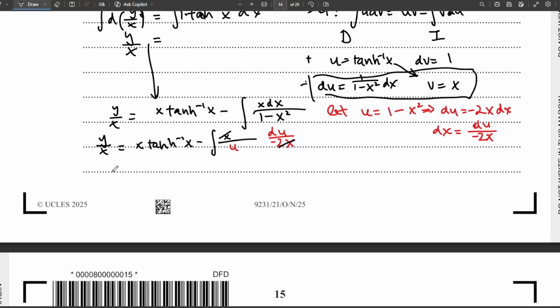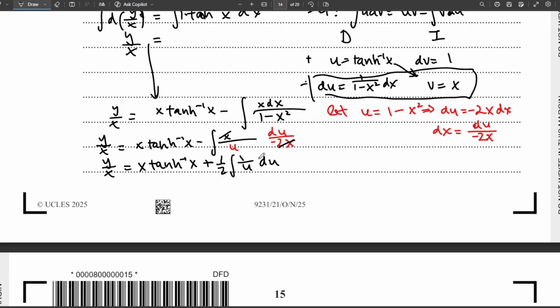Running out of space here, y over x equals x inverse tangent of x plus 1 over 2 integrate 1 over u du.